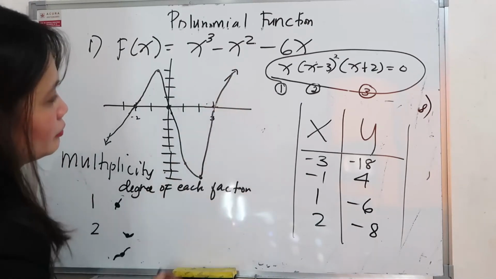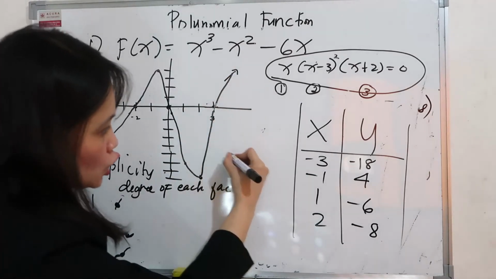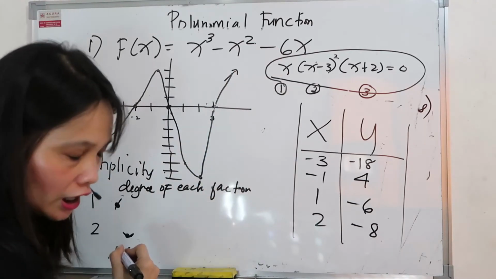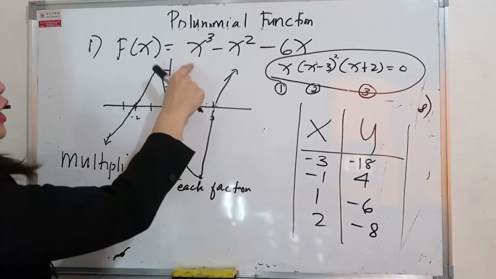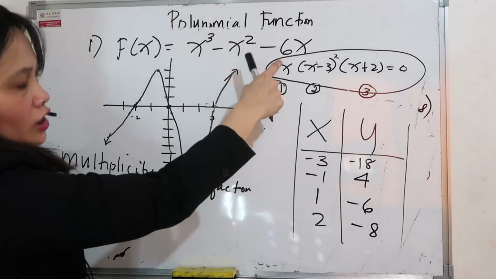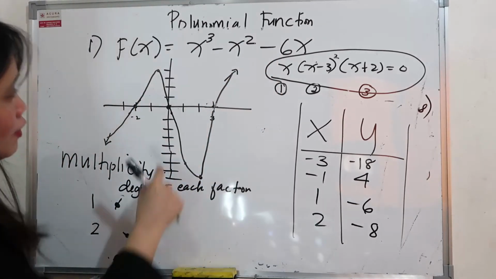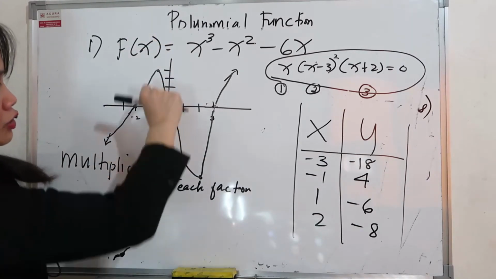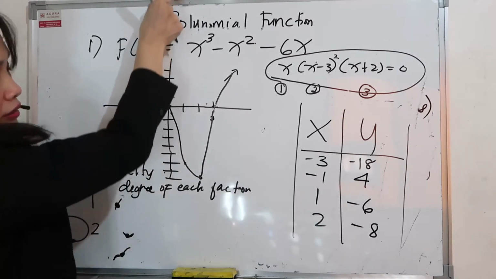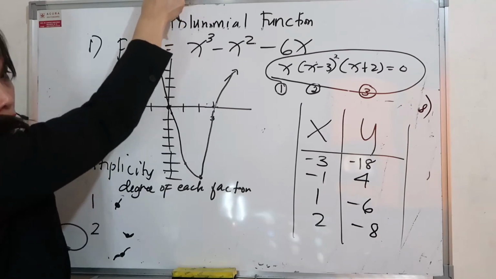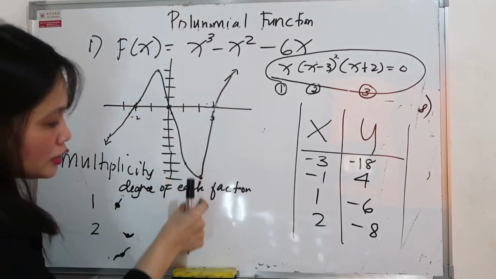It's not bounced, it's not curved, just straight. So that is the graph of x cubed minus x squared minus 6x. From here, you can now identify the range. The range will be from negative infinity to positive infinity, because it can extend. The y value goes to positive infinity and to negative infinity.